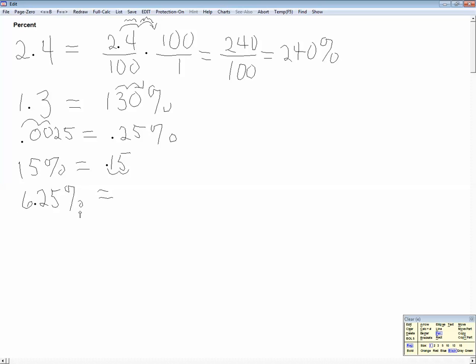Getting rid of the percent sign is like multiplying by 100. So to compensate for that, I have to divide by 100. So I push the decimal point towards the front 2 kicks. So it's going to be 1 kick and 2 kicks. So when I'm all done, it's going to be 0.0625. So I don't know about you, but I can get confused in that situation.